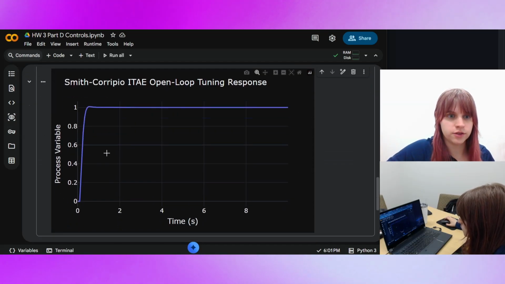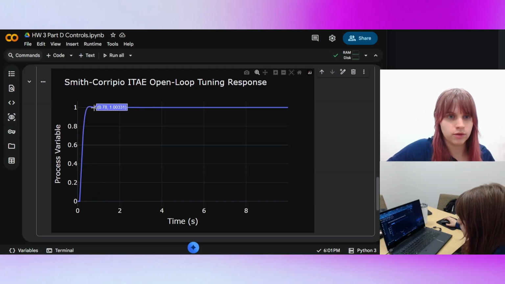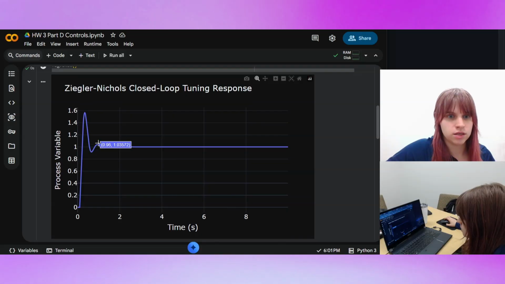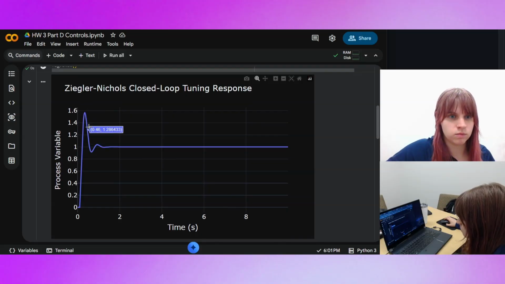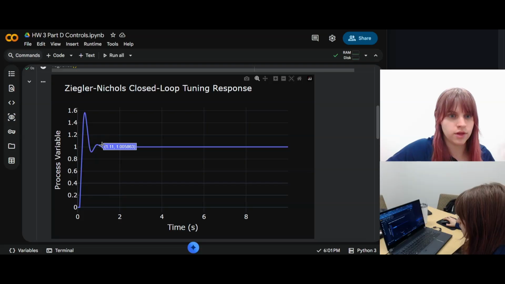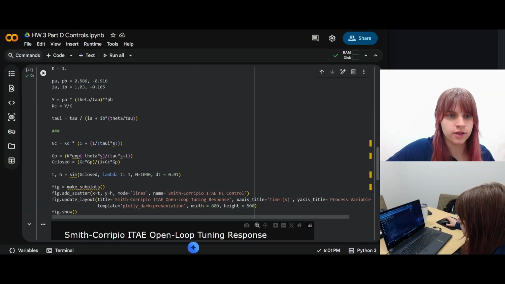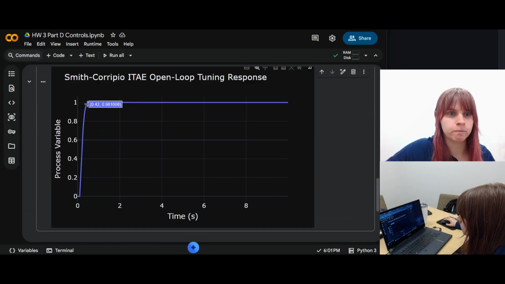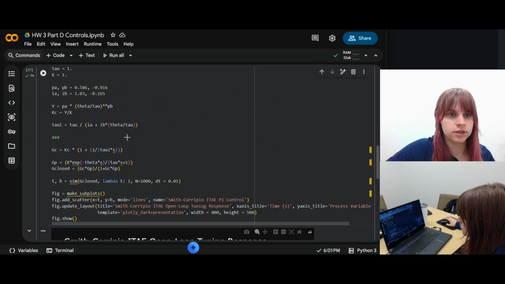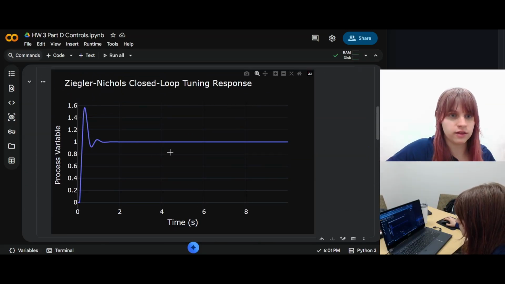And just comparing the two, we can see that in roughly, not half the amount of time, but almost, this one is faster, and it also doesn't have any kind of oscillations at the beginning.